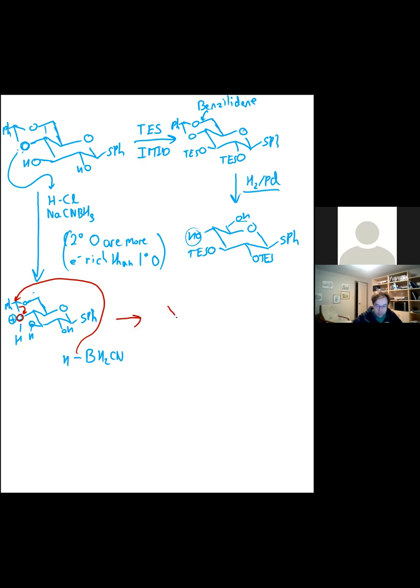Well, there's a phenyl, there's a hydrogen, there's an oxygen of sugar, and of course all this is a benzyl group.